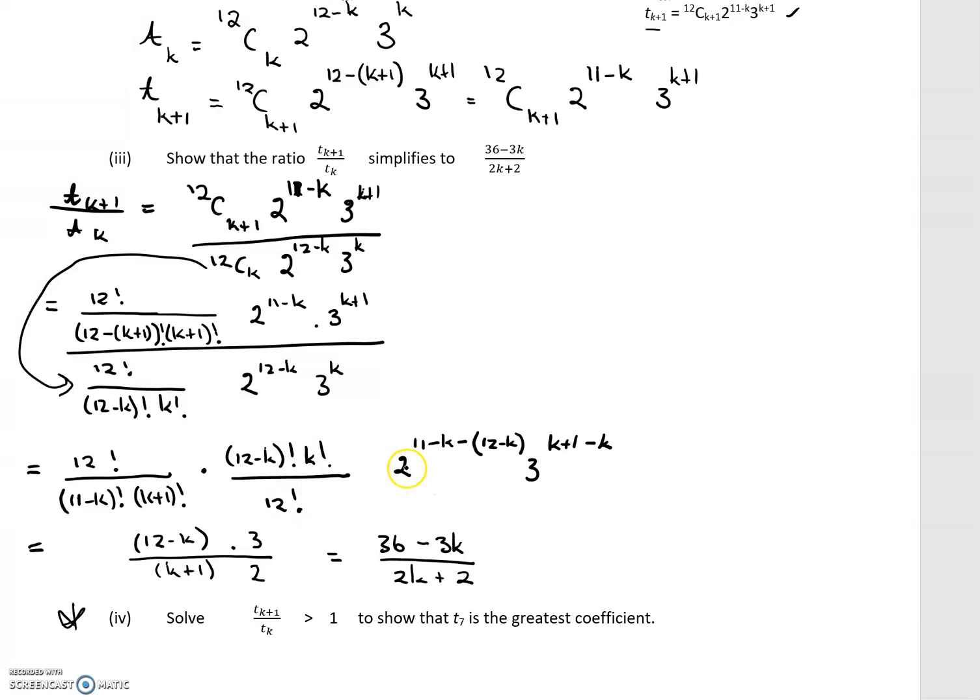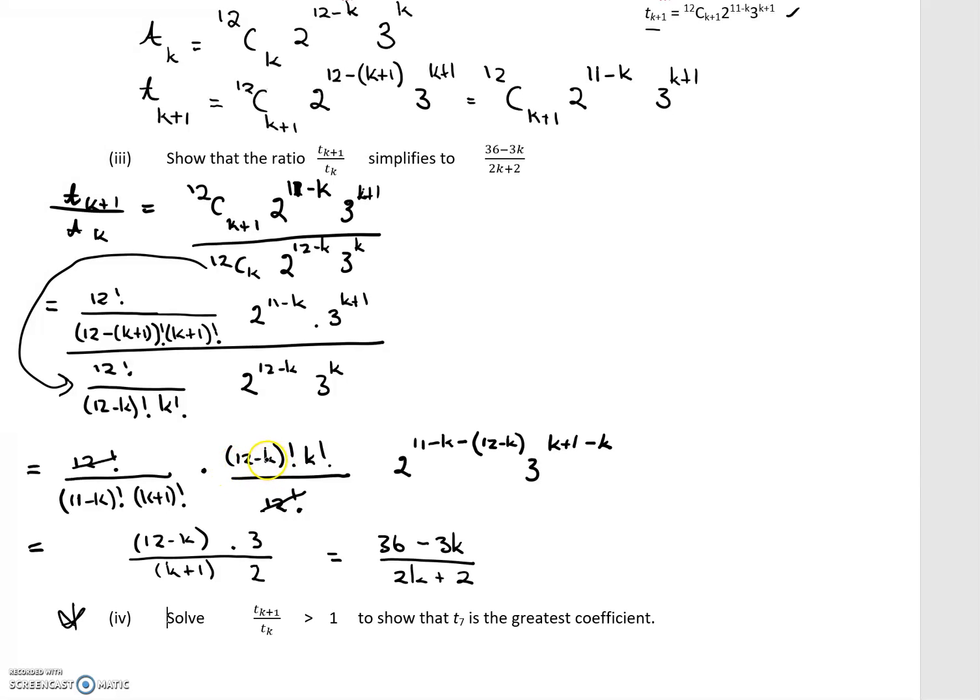So you see the top fraction sitting here, and the bottom fraction has been inverted, and I'm multiplying. Here I have simplified with 2 to the 11 minus k. To simplify this, I subtract this index, 12 minus k, and same with 3. Now, let's have a look at what actually happens when I simplify these fractions. The 12 factorials disappear. What does 12 minus k factorial mean?